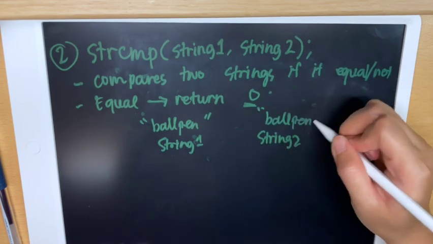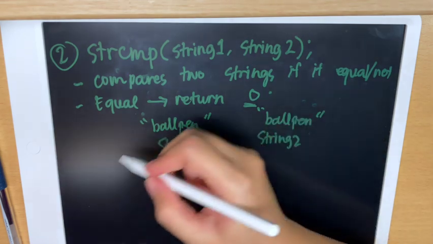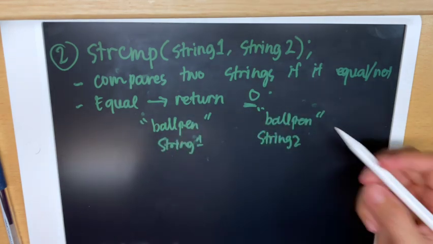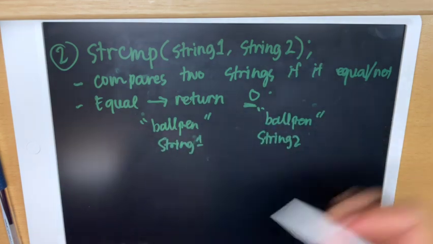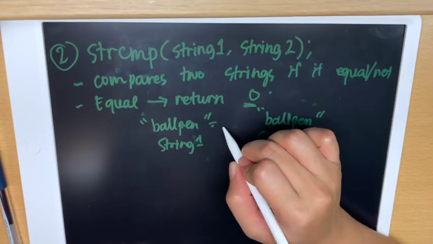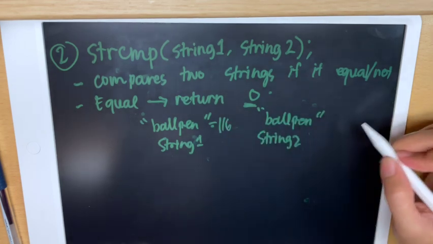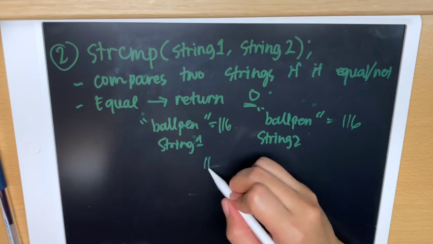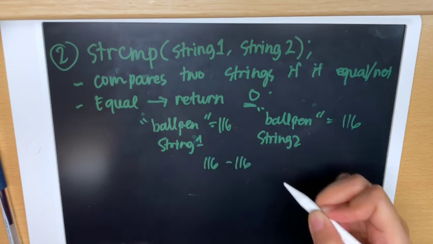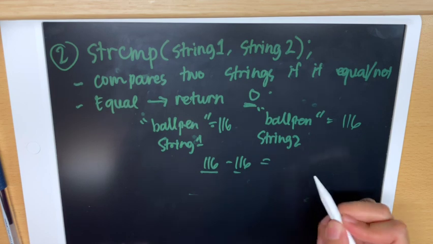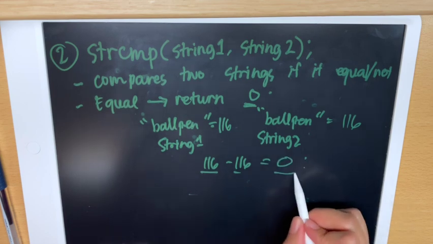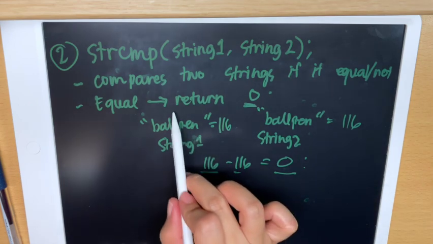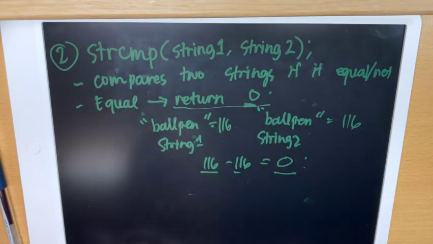And we know that the ASCII values, though in the computer they do the binary, will be the same. So I just say the value of this one is 116 and the value of this is 116. So if you subtract 116 from 116, since they are equal, then the output is 0. That is why if string 1 and string 2 have the same values, then it will return 0.